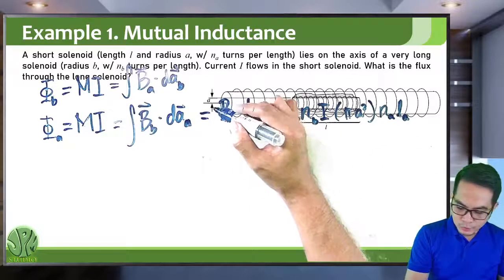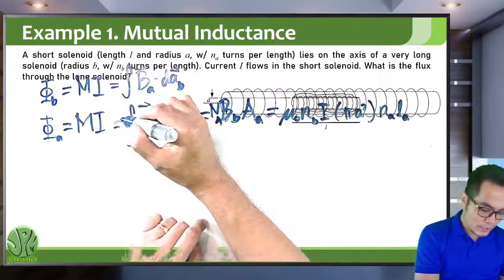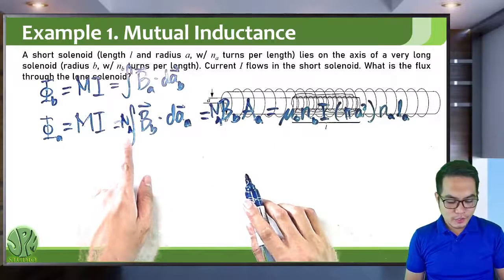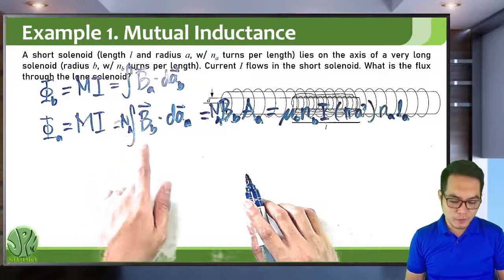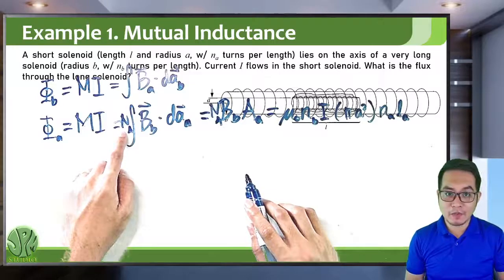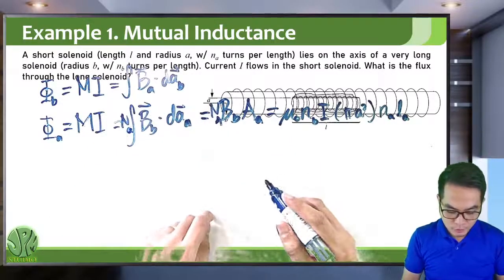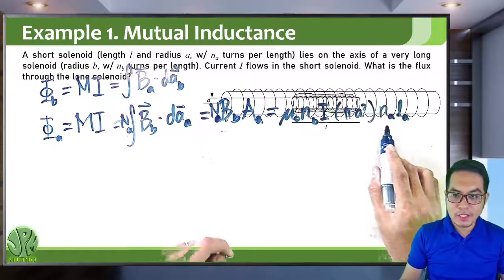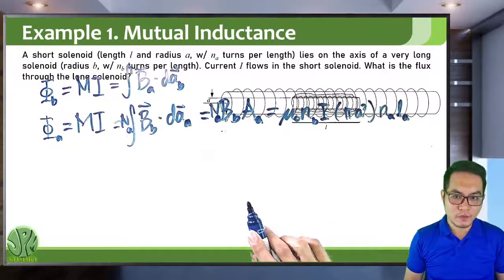So this should be N_a, the number of turns in A, in the formula here, because B dot dA is only for a single loop. So you need to multiply by the number of turns for loop A, small a. And the number of turns is just the number of turns per length times the length.